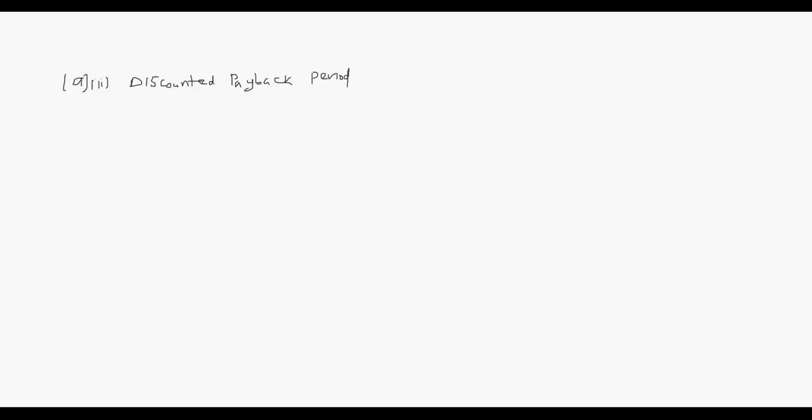Okay. So we are going to have the number of years here. So the year. Then we are going to have the discounted cash flows themselves.